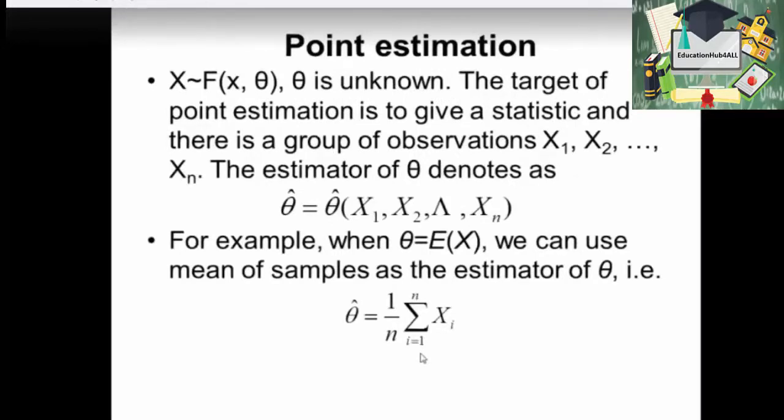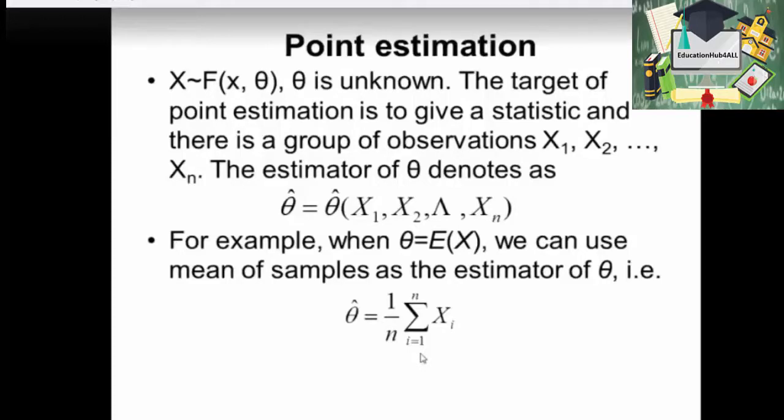Okay, so the point estimation. Theta represents any parameter. In the binomial distribution, theta is p. In the normal distribution, theta represents mu and sigma squared.